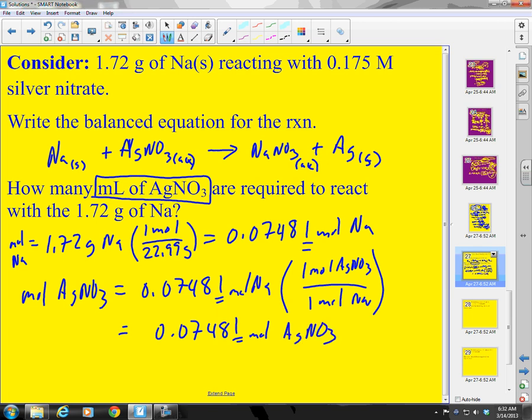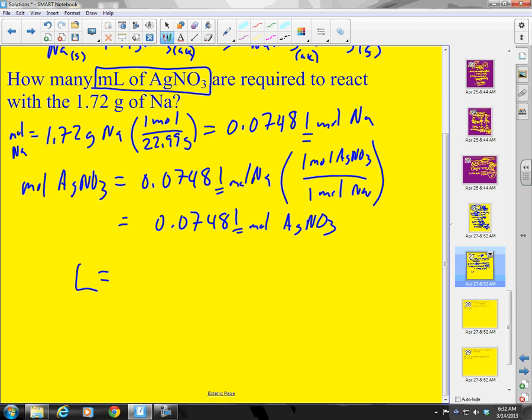And I have a molarity, right? And we said that liters of my solution equal moles of my solute over molarity. Got it? So I plug that in. I get liters equal to 0.07481 moles of silver nitrate over the molarity of my silver nitrate.